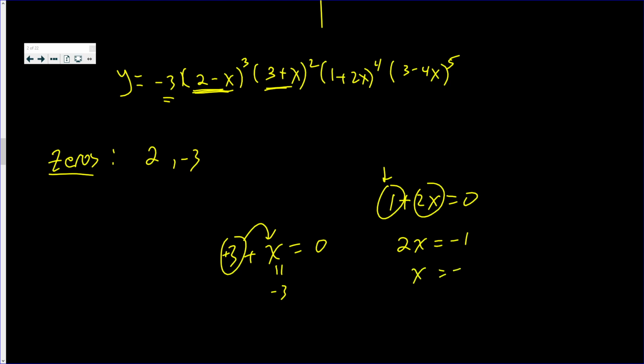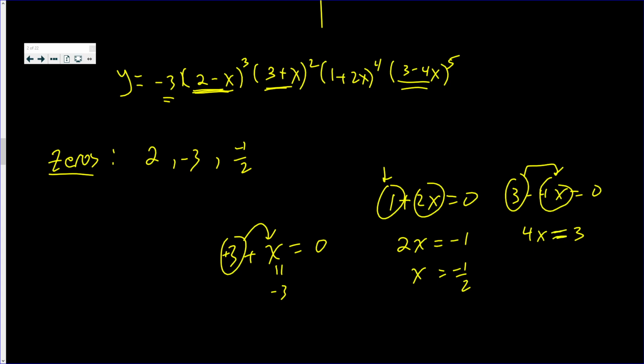Divide by 2, you get -1/2. This one, 3 minus 4x is 0. You subtract and you get 0. Your habit needs to be to immediately write down those two expressions and put a horizontal line between them because they are equal. Divide by 4, we get 3/4.